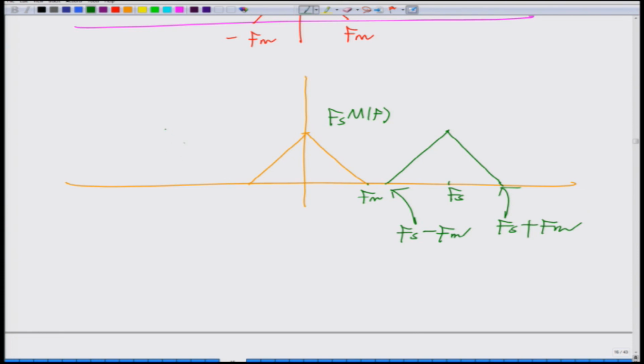Similarly, this is Fs M(f minus Fs), and then you will have various components Fs M(f minus 2Fs) and so on.